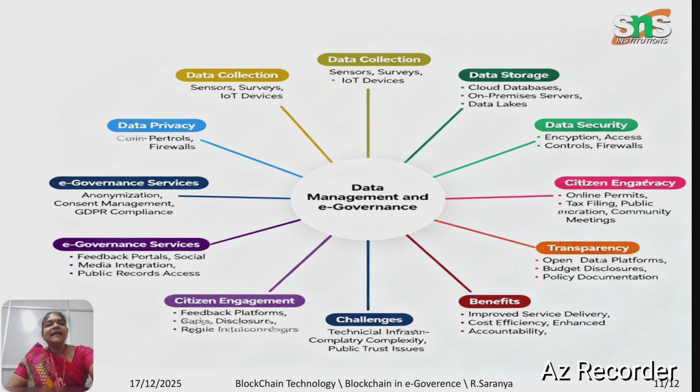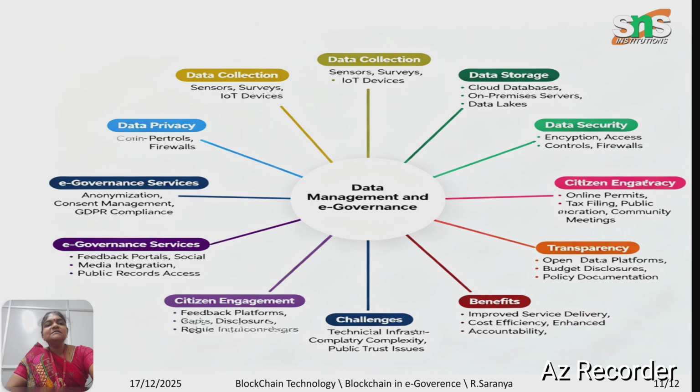So wherever the data collection is there we can use the blockchain ledger system, which helps to put an immutable record, so that the data cannot be changed in any way. Tax filing, executing the budgets, and retrieving the feedback from the public, for these areas we can use our blockchain related e-governance.